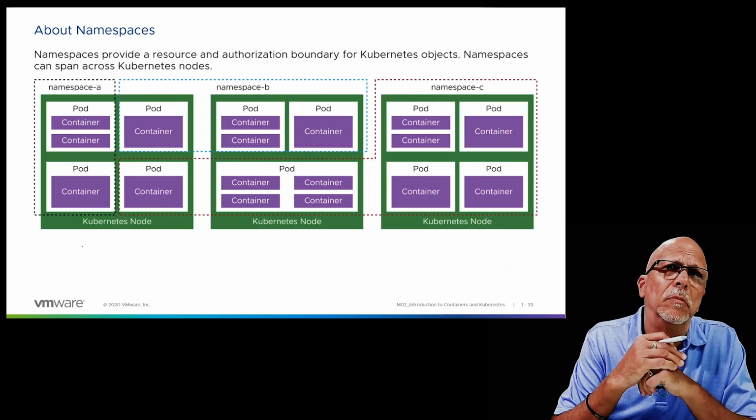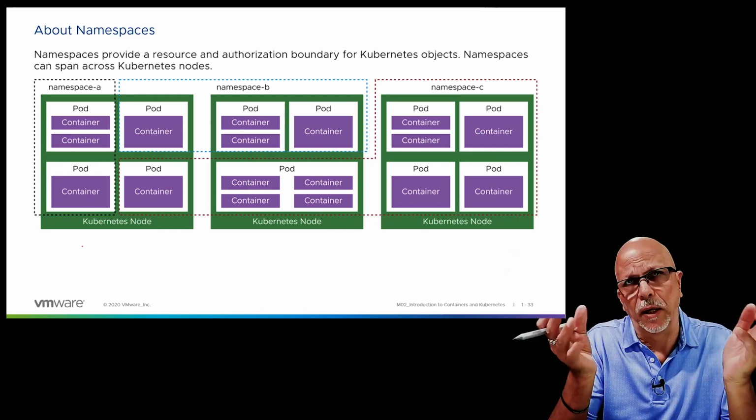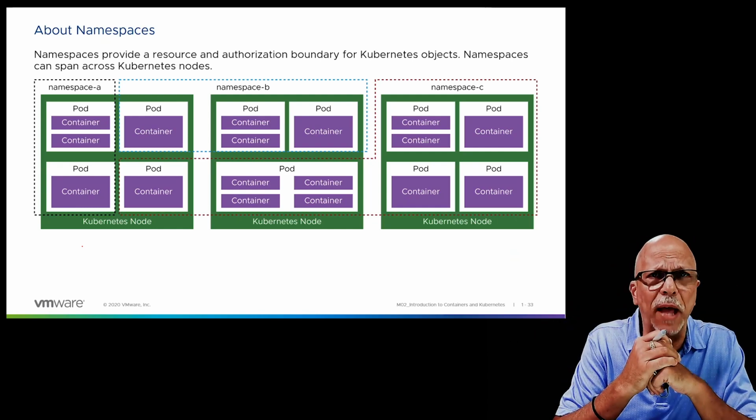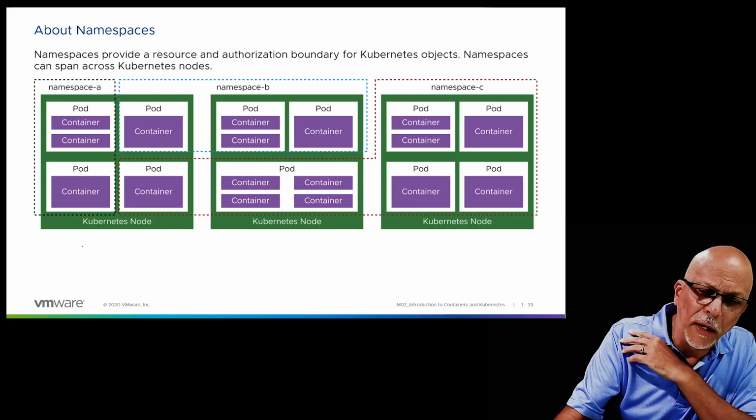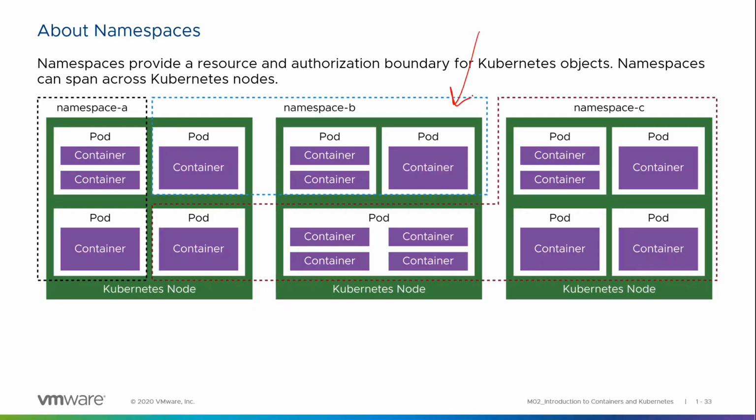Pods, and literally anything that I deploy inside Kubernetes, are actually running inside of this construct called a namespace. So you have by default a default namespace, but typically what we're going to do when we create a cluster is we're going to create a series of namespaces, and you can kind of think of them as a silo.